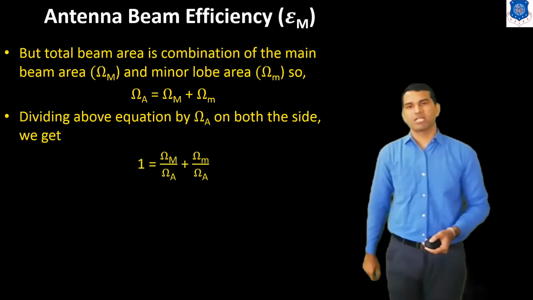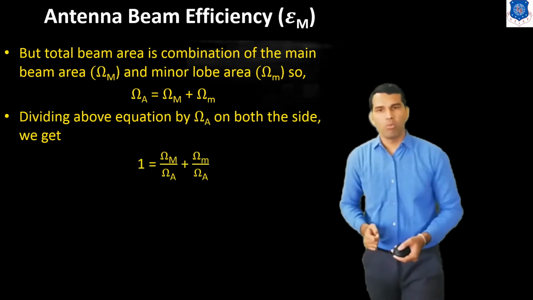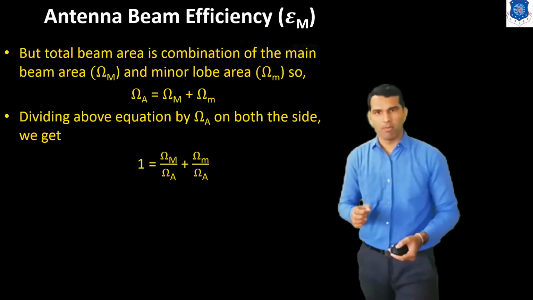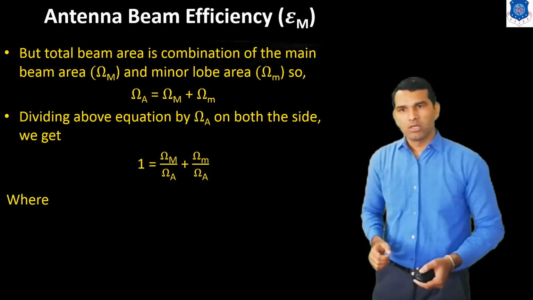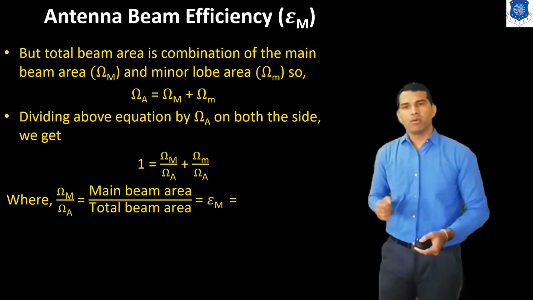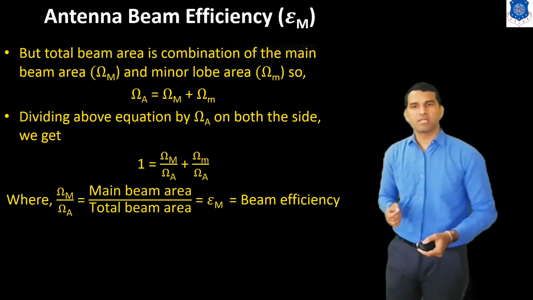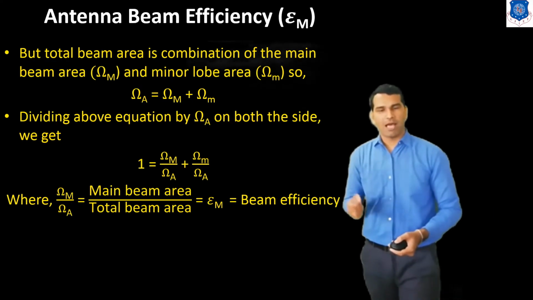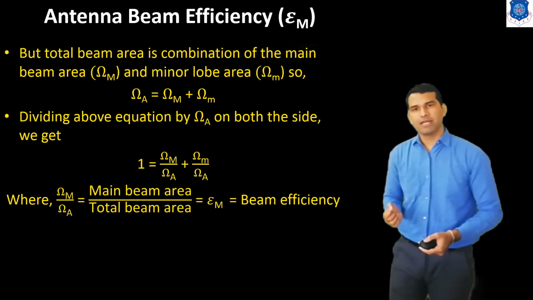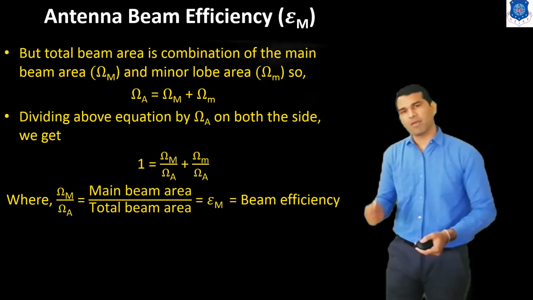We get 1 = omega m upon omega A + omega small m upon omega A. Here omega m upon omega A is the main beam area upon total beam area, so we write this as eta m, the beam efficiency.